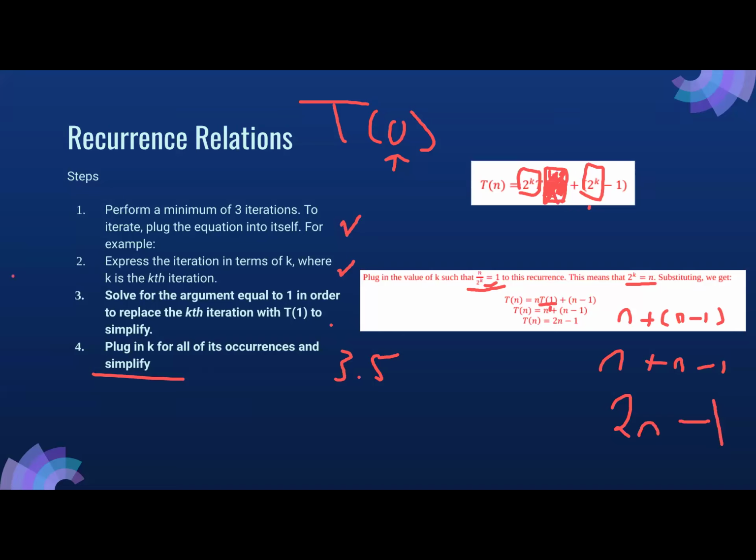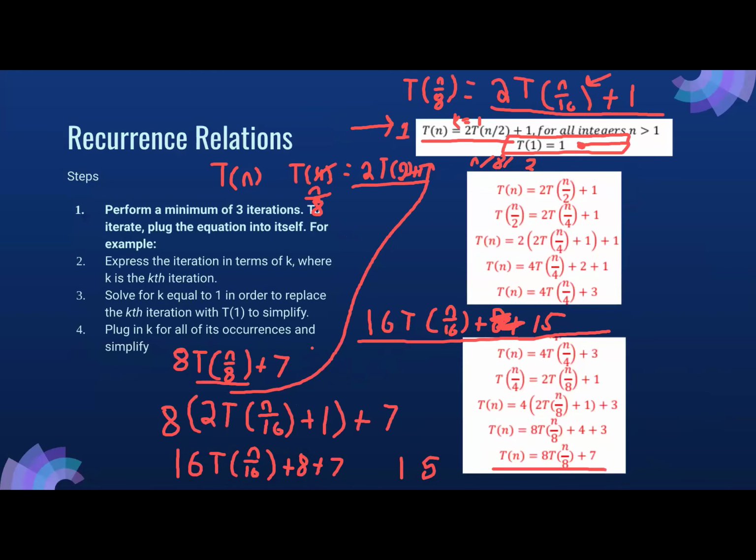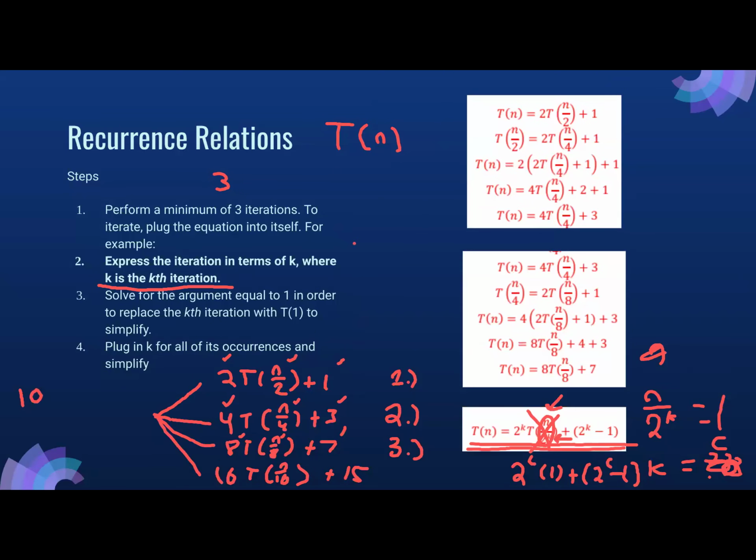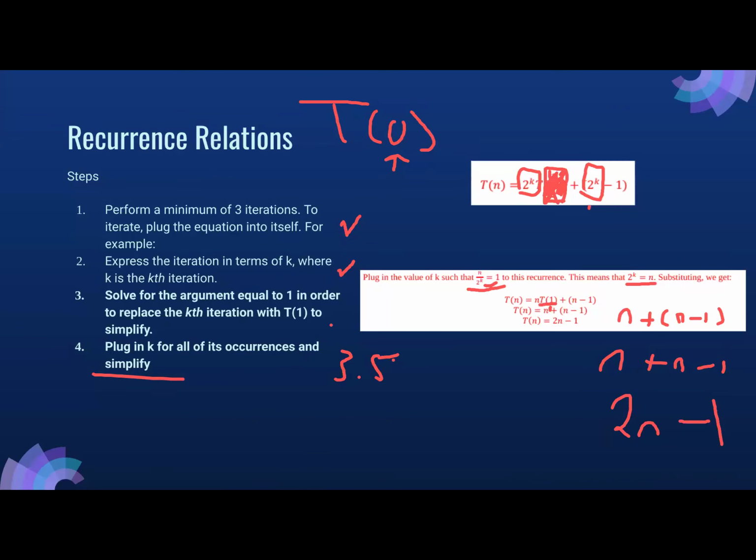It boils down to 3-ish steps where you want to give us 3 iterations by plugging it into itself repeatedly. Then you're going to express the iteration in terms of k. Then we solve the internal parameter of T. That parameter, I probably shouldn't have crossed it out. It was this, equal to 1. Once you do that, you are able to substitute whatever you solved for.